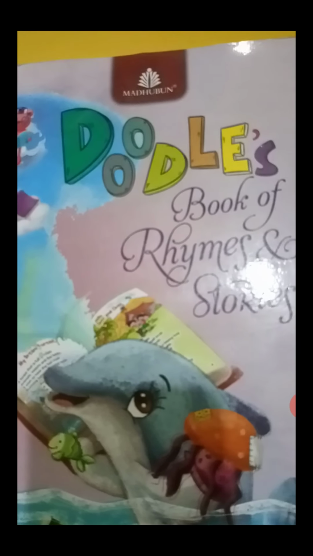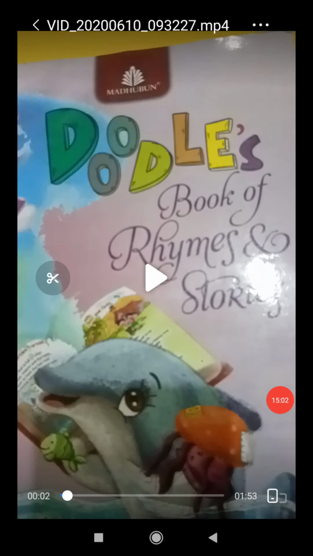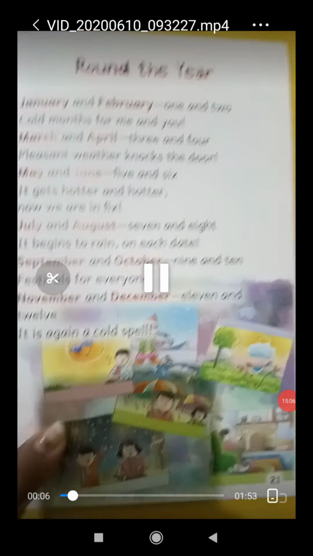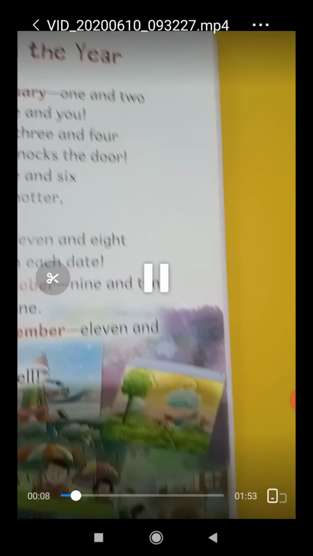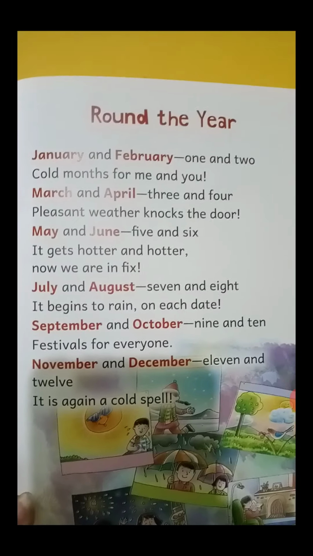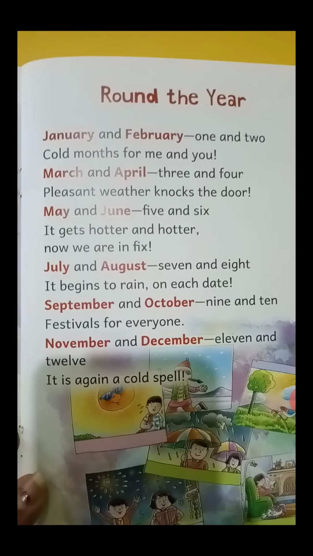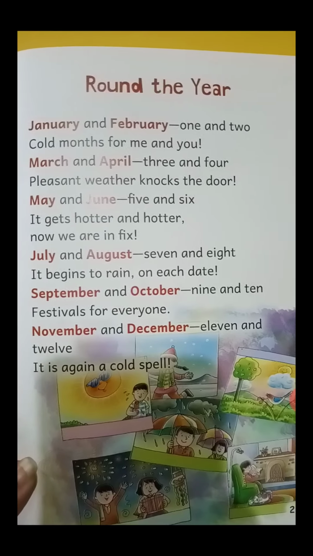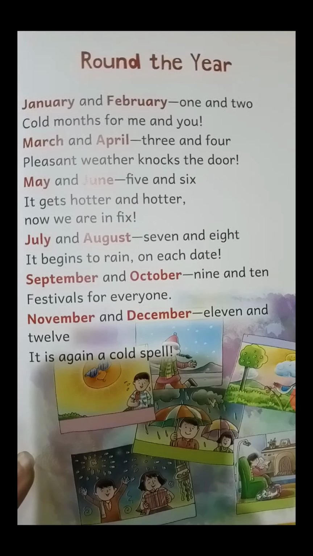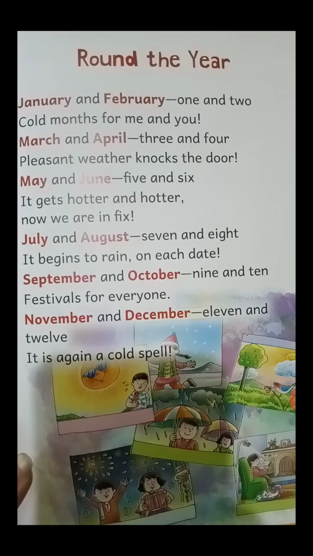Now students, open your book of rhymes and stories. Now students, open page number 21 and recite the rhyme. Round the year. January and February 1 and 2, cold months for me and you.